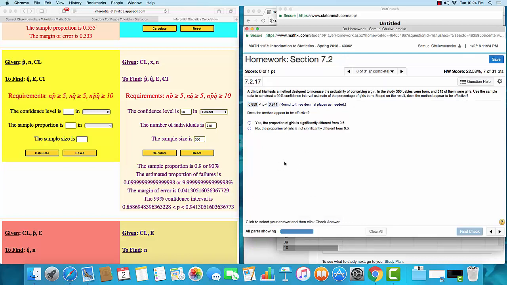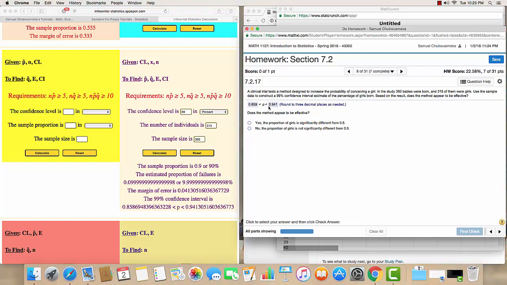Does the method appear to be effective? Yes. The proportion of girls is significantly different from 0.5, 50%. And I hope you know proportion can be in fraction or decimal or percentage.